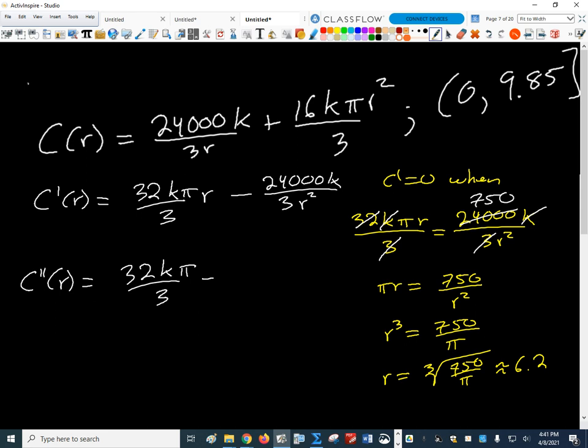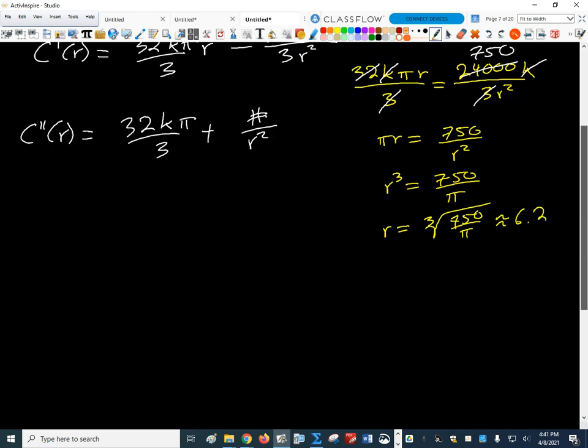So the derivative of r to the minus 2 is minus 2 r to the minus 3. So I'm going to get a plus, and it doesn't even matter. I'm getting plus some number divided by r squared. For any positive value of r, that's going to be positive, right? No matter what, I know I've got two positive terms here.